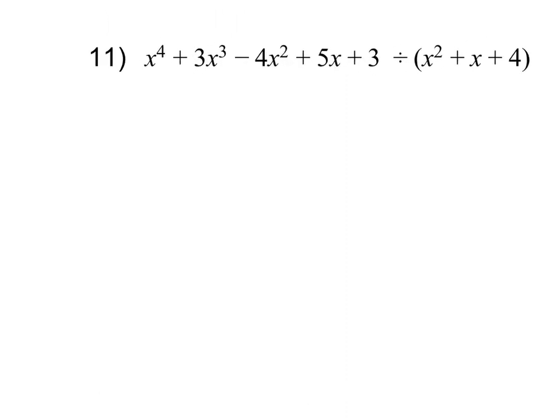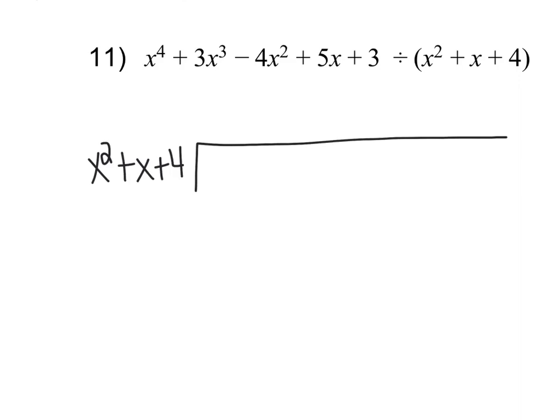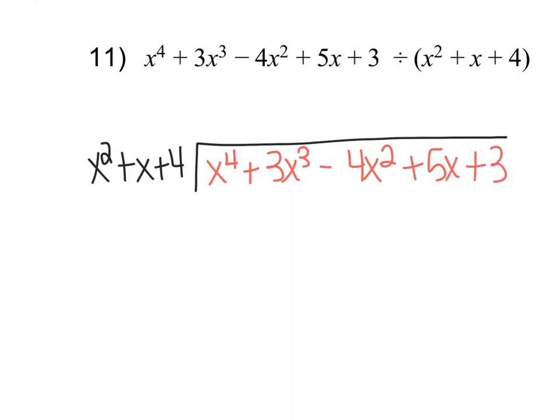So I have x squared plus x plus 4. And then on the inside of the house, I have x to the fourth plus 3x to the third minus 4x squared plus 5x plus 3. And I didn't have to do any space fillers here. I have a fourth power, a third power, a second power, a first power, and a constant. So everything is fine with that.